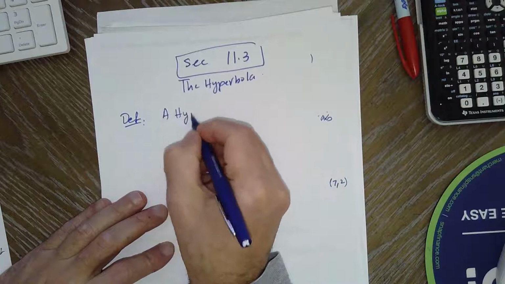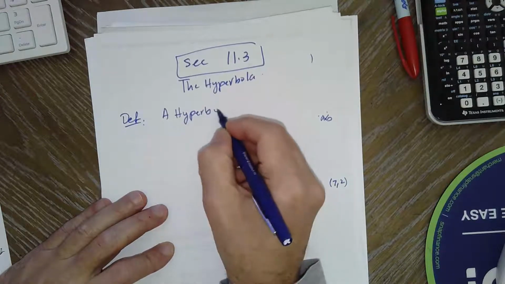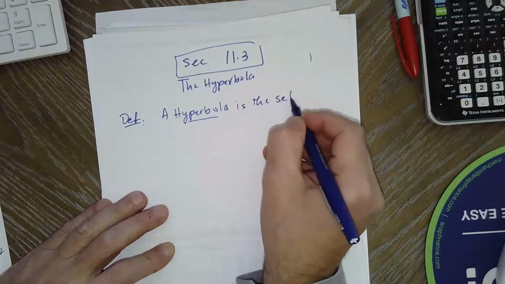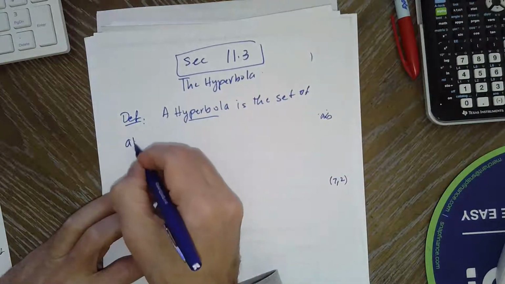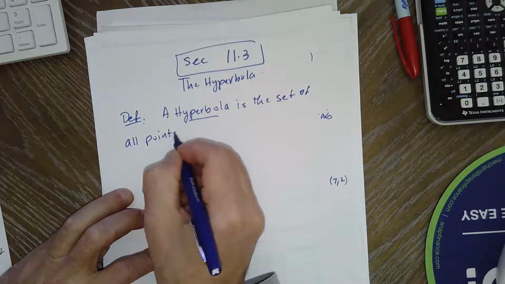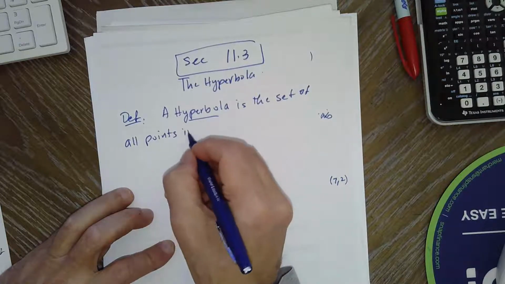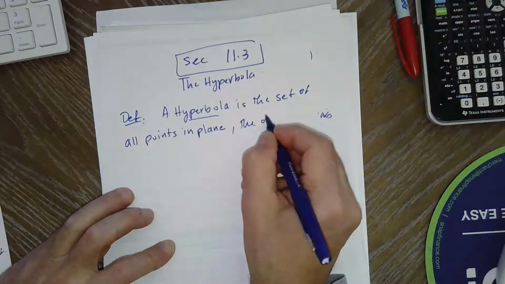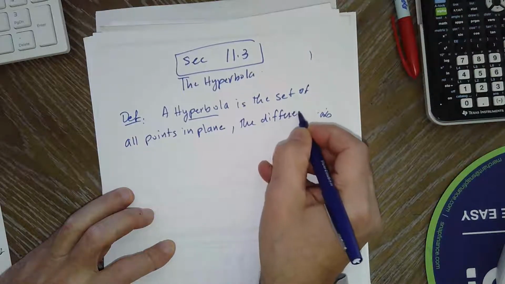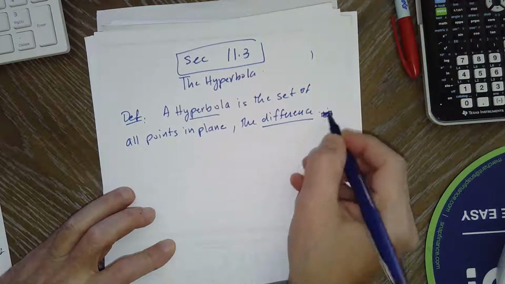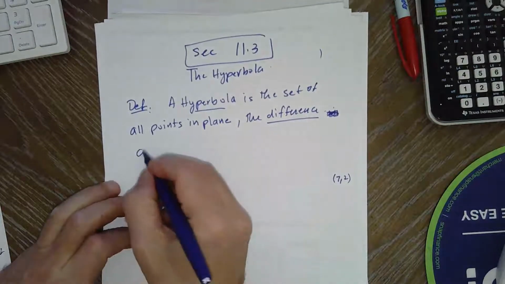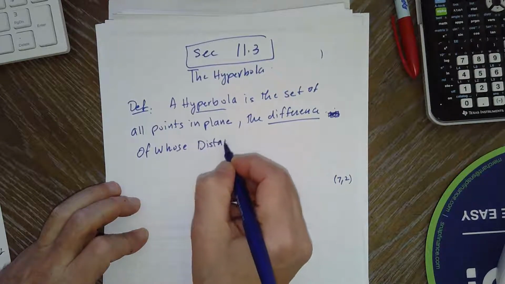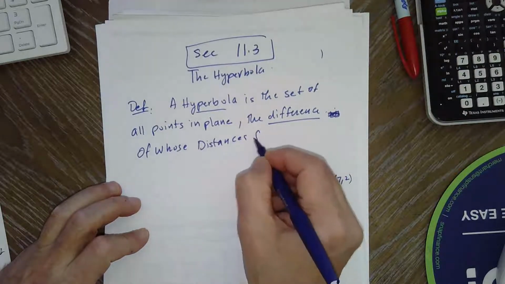A hyperbola is the set of all points in the plane whose difference, instead of the sum as in an ellipse, of the distances from two fixed points is constant.